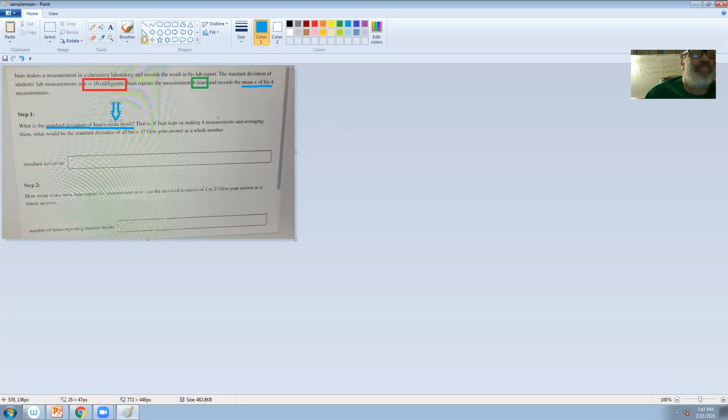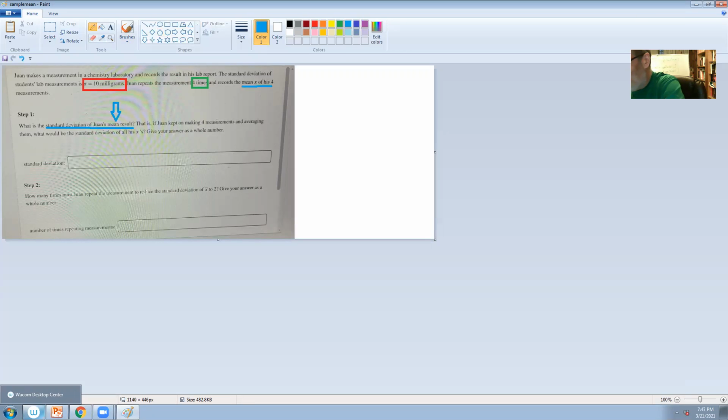So we want the standard deviation of the mean. Now, as you know, you have something in your textbook that talks about the standard deviation of a mean, right? Remember what the standard deviation of a mean is.